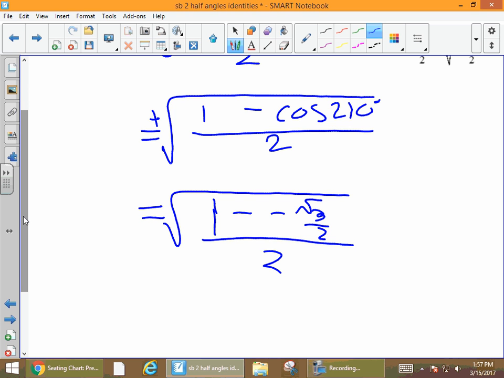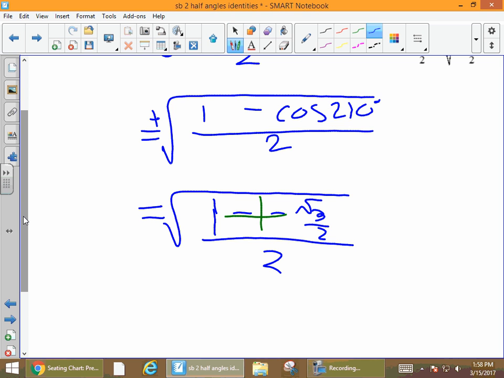When you subtract a negative, this is the same thing as adding a positive. So it's really 1 plus radical 3 over 2, all divided by 2.